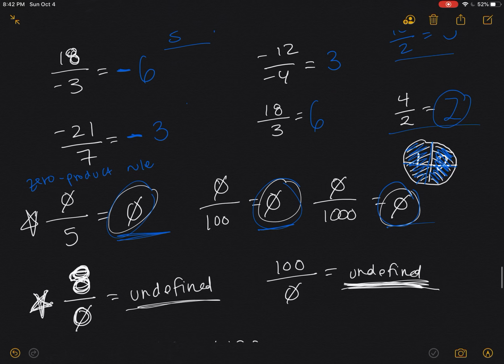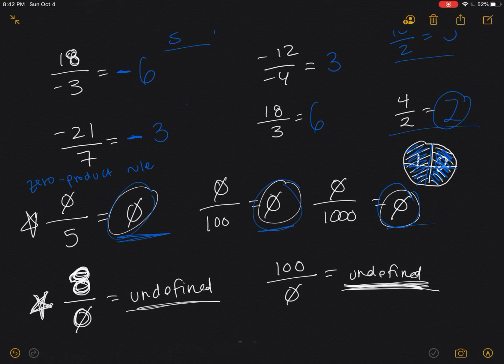Now here's where we get to the tricky part. Dividing by 0. You cannot divide any number by 0. The reason is, when you think of division again, say I have a pie with 8 slices, and I want to break it into 0 parts.